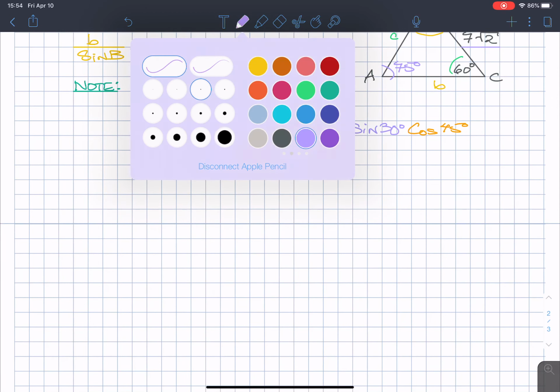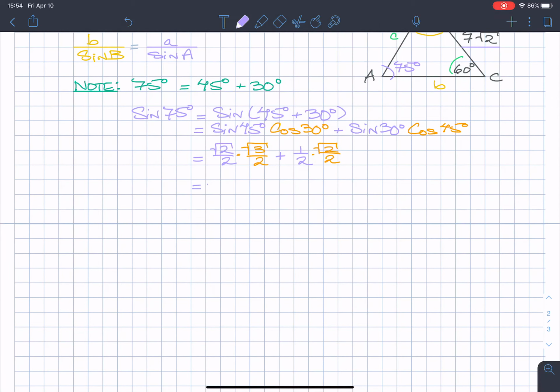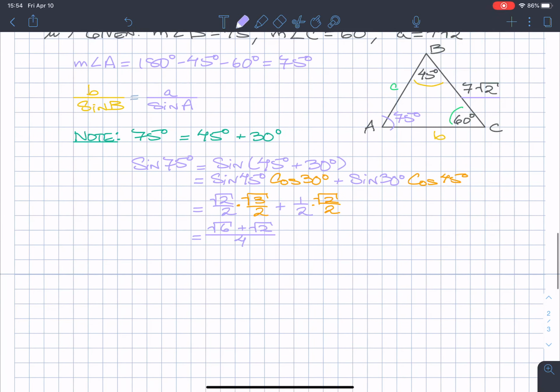So what do we get for sine of 75? Looks like we get the square root of 6 plus the square root of 2, over 4. Well, that's exactly what we got for sine of, sorry, not 150, 105.